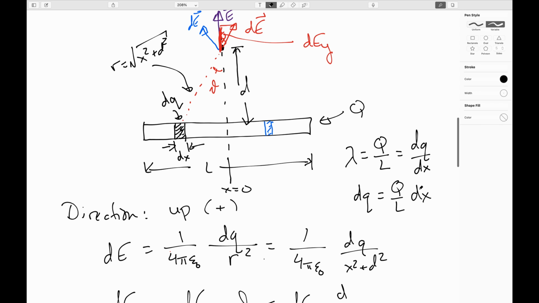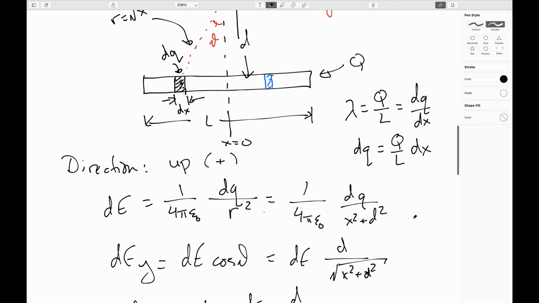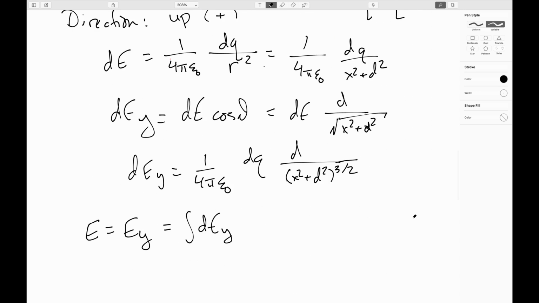This is where I'm going to substitute in that dq is q over L dx. So I'll be integrating 1 over 4 pi epsilon naught q over L dx times d over x squared plus d squared to the 3/2.